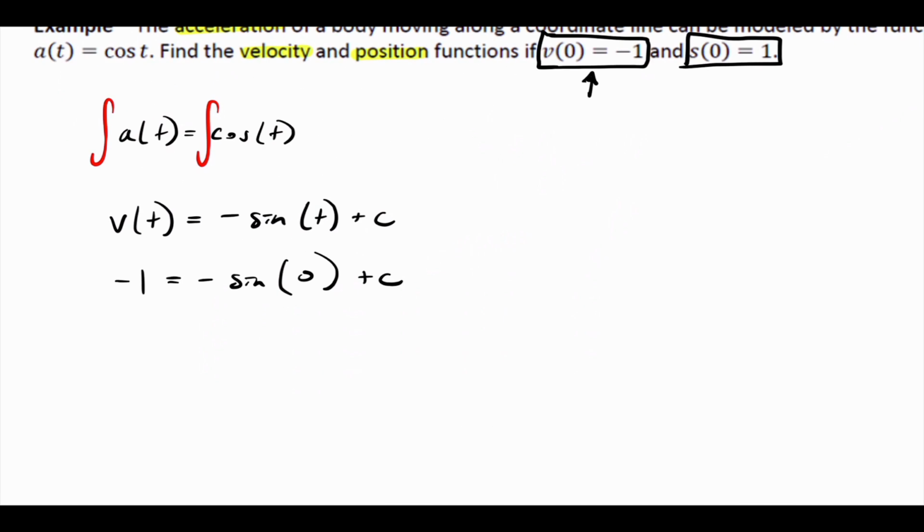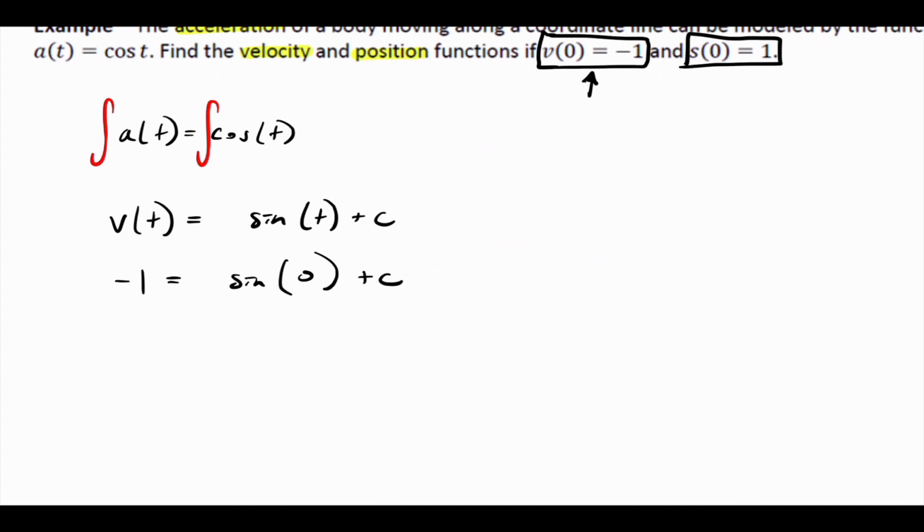Wait. No, sorry, I did this wrong. It's supposed to be positive sine. The antiderivative of cosine is positive sine. I thought it was the same as the last one we did, but it was different. So this is going to be positive sine, yeah. The other one was the antiderivative of sine was negative cosine. I got those mixed up.